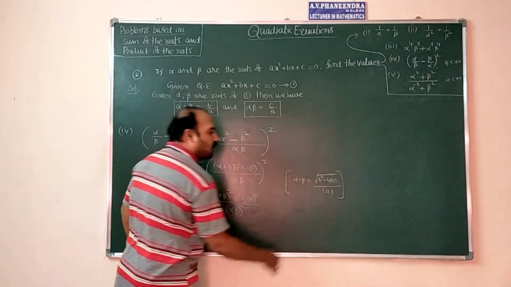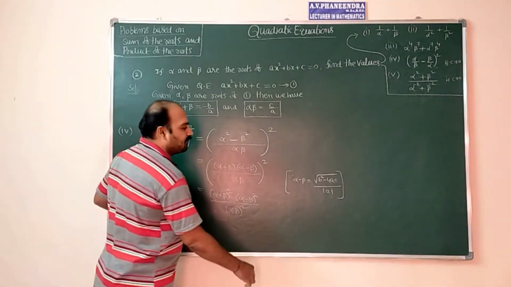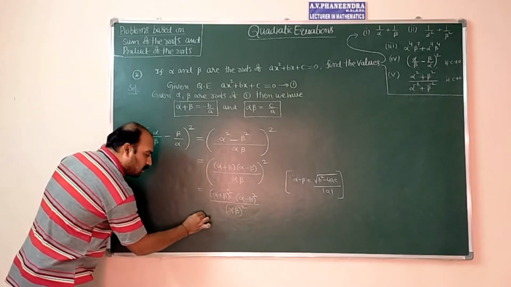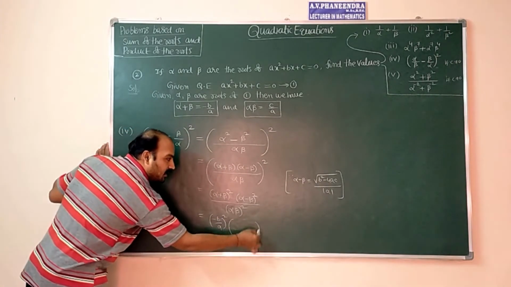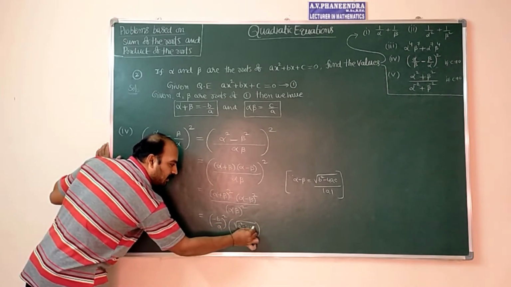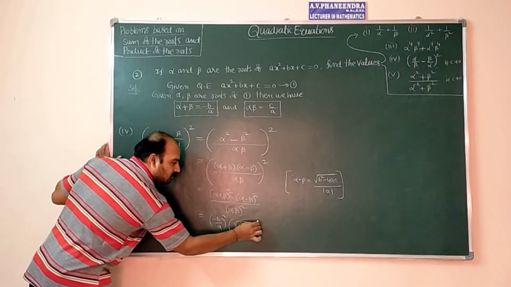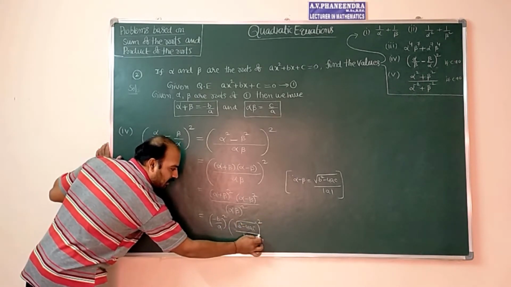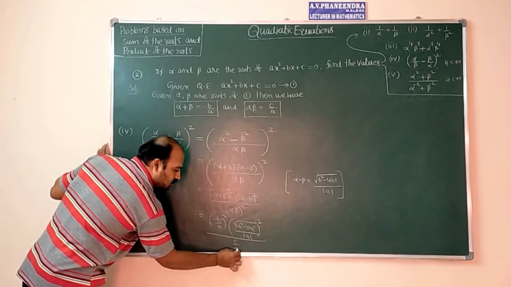I explained how we got the result also, and that we are going to utilize. Alpha plus beta whole square means minus b by a whole square, and the value is root of b square minus 4ac divided by mod a whole square, divided by alpha beta whole square, c by a whole square.